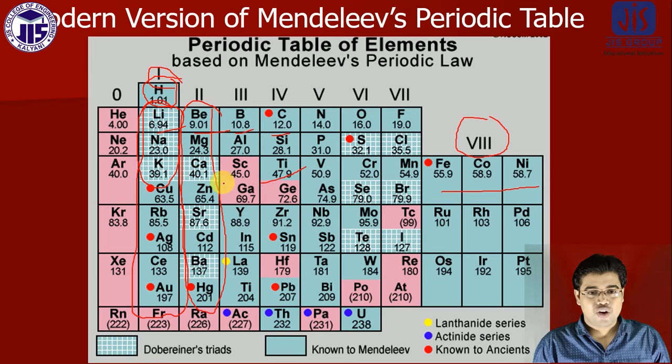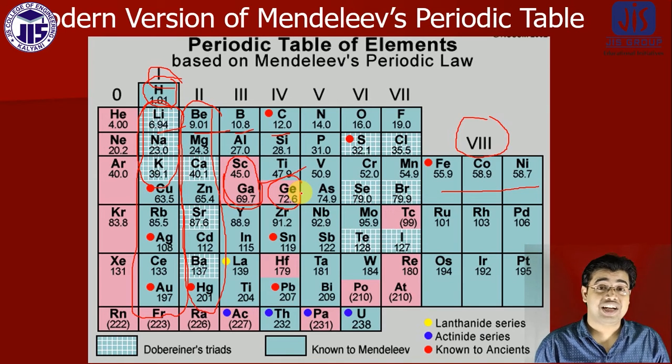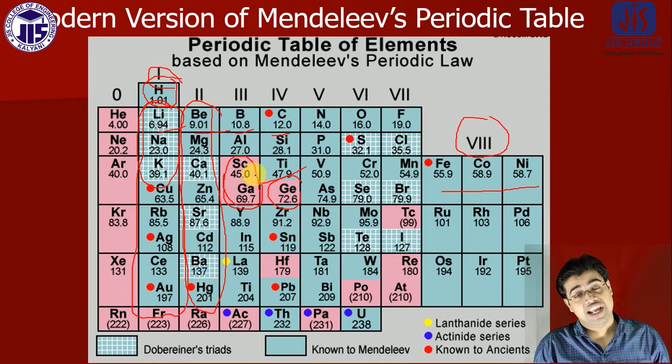Not only that, there is another beautiful or fruitful side of it. Look at that portion, which is in another color. Why is that in another color, do you know? The color indicates that at that time when Mendeleev developed the periodic table, those two elements were not discovered.